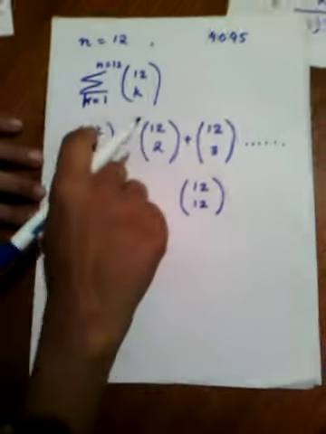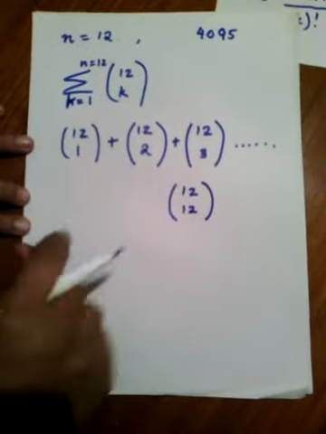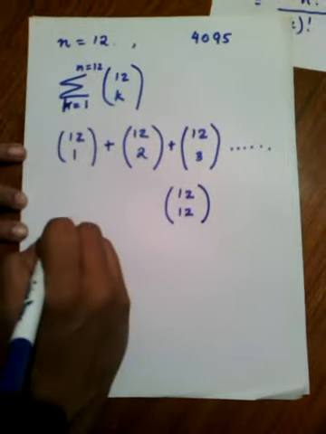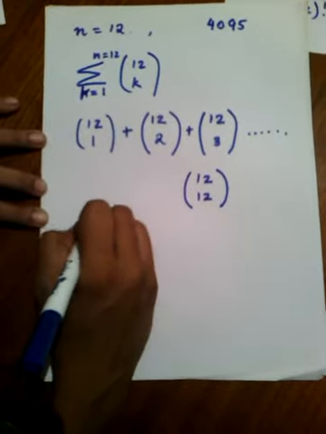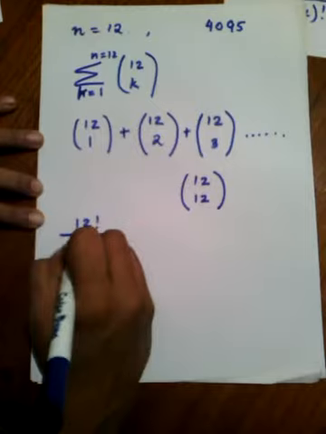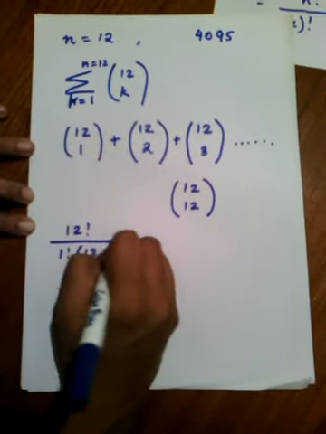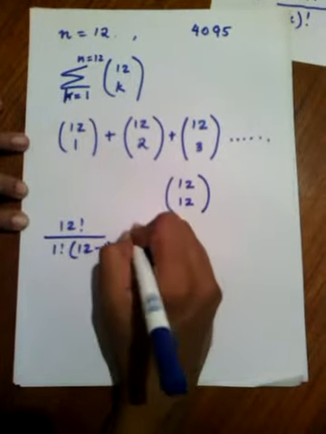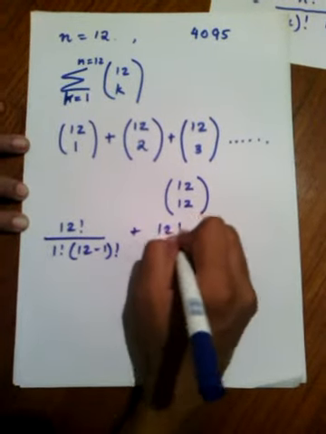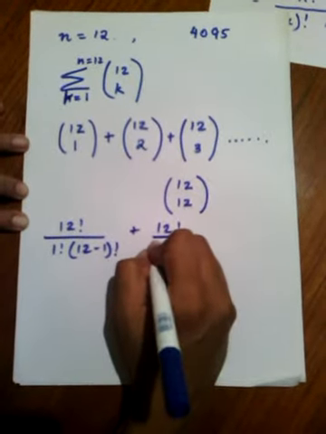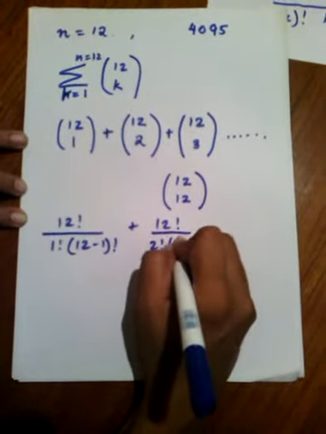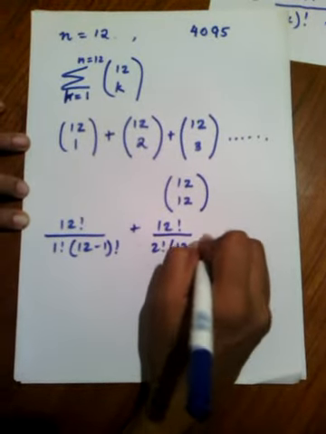Okay? So what is 12 choose 1? That's my first term. 12 choose 1 is factorial 12 divided by factorial 1 times factorial 12 minus 1. And the second term is factorial 12 divided by factorial 2 times factorial 12 minus 2.